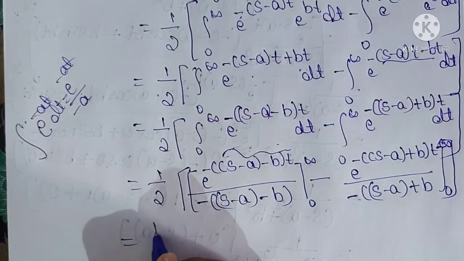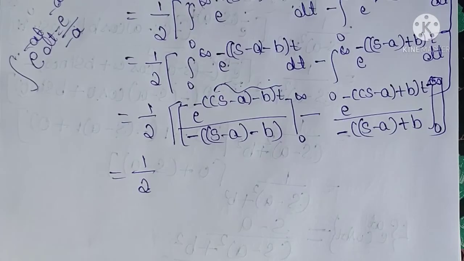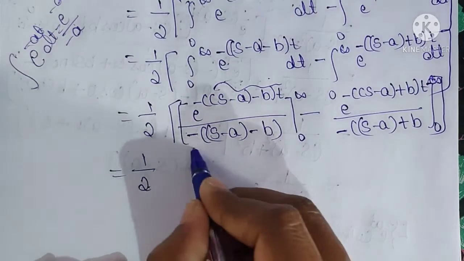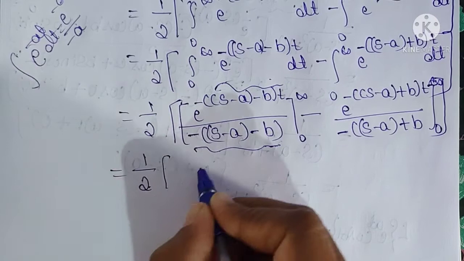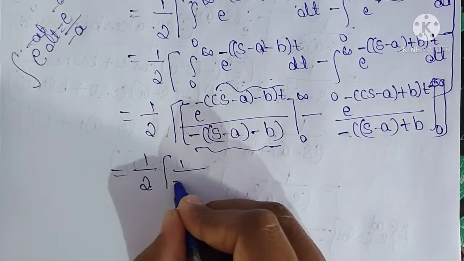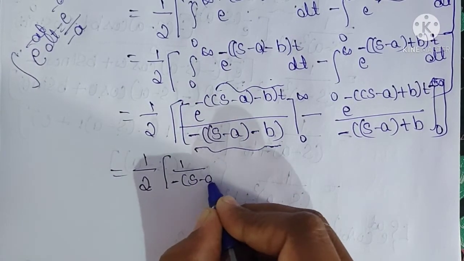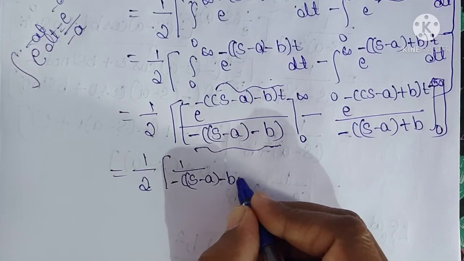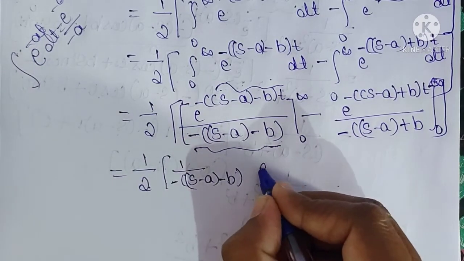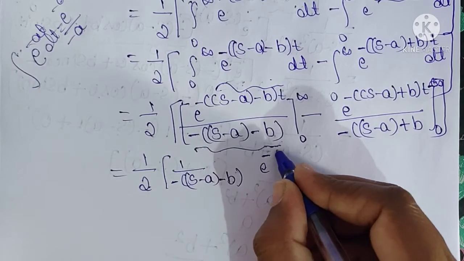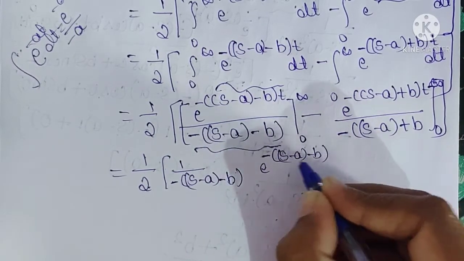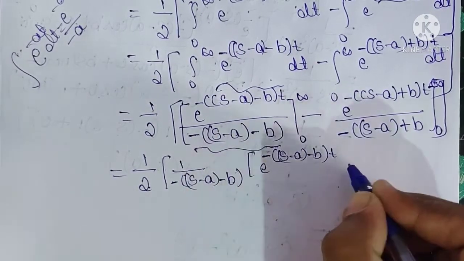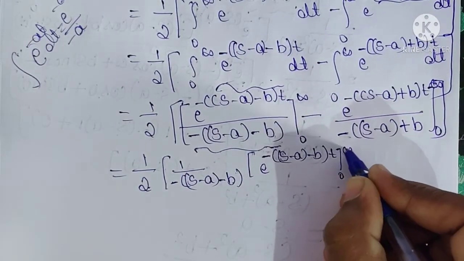Now 1 by 2 as it is. 1 by 2 into, here this is a constant term, you take it out, remaining 1 divided by minus s minus a minus b. The remaining term is e power minus s minus a minus b of t, limits 0 to infinity.